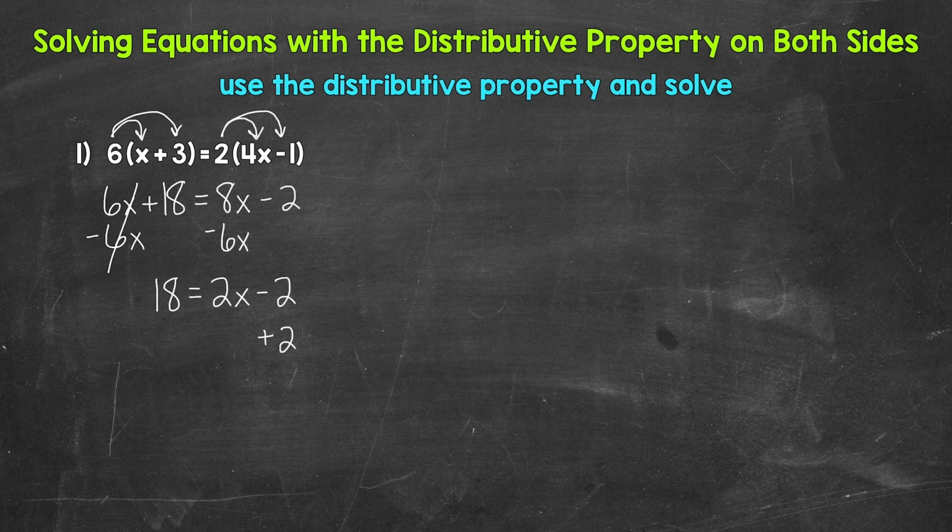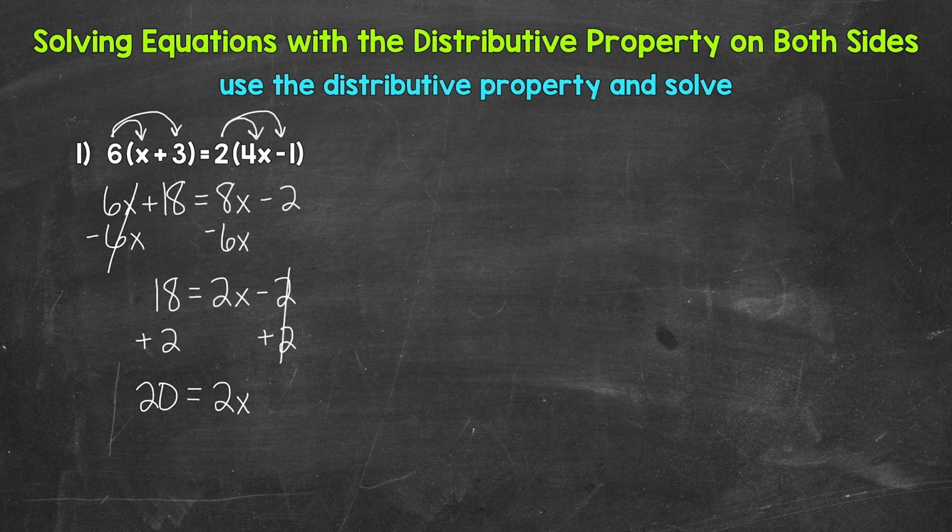Whatever we do to one side, we must do to the other, so add 2 to the left side as well. Now on the right side, we are subtracting 2 and adding 2, so these 2's cancel each other out. And now we just have 2x equals, and then on the left side, 18 plus 2 gives us 20.